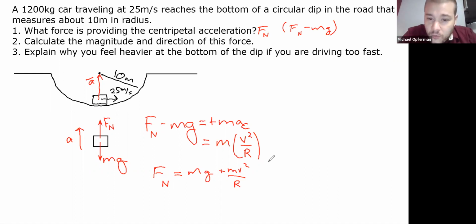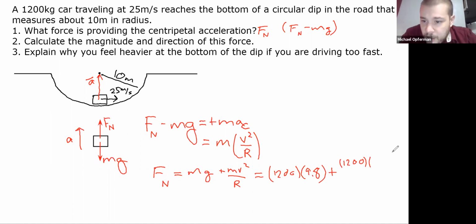So the normal force we've already written down here is mg plus mv squared over r. So that's going to be 1200 times 9.8 plus 1200 times v, which is 25. Note that that's v, the good old-fashioned speed. That should get squared.